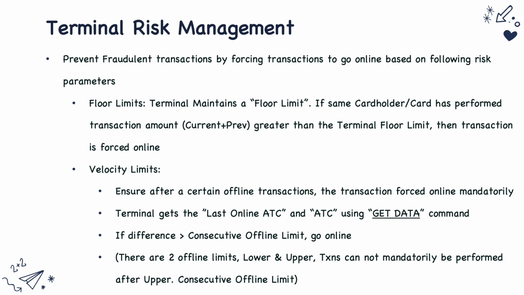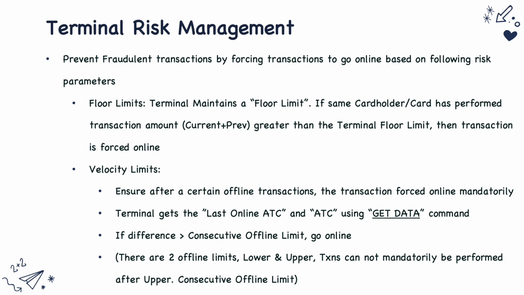There can be cases where the merchant splits a high value transaction into two or more transactions. So there is a feature where the terminal sums up the previous transactions and the current transaction done by the cardholder and checks if the total is more than the floor limit, and even then it forces the transaction online.